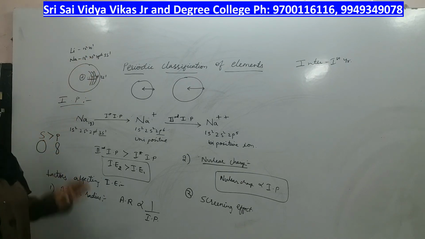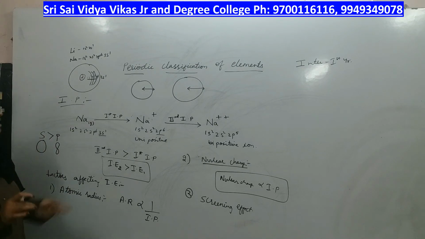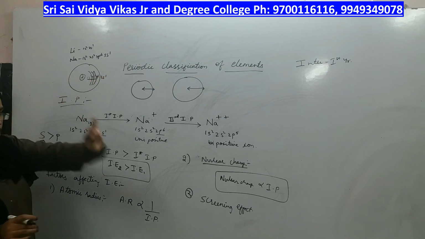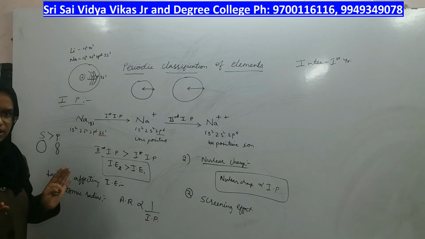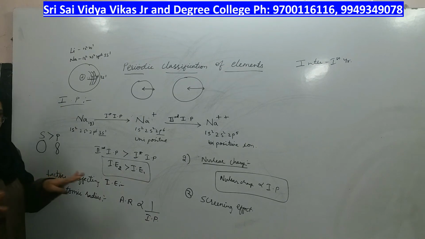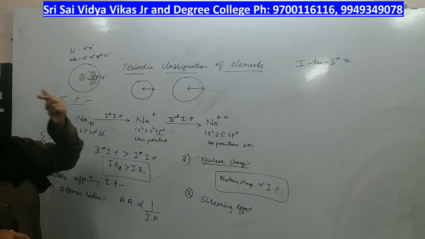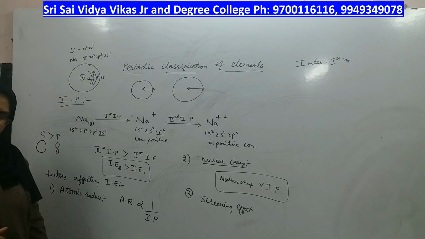Whenever we are talking about shielding effect, we are not discussing the valence electron. All the electrons except the valence electrons come under screening effect. So you are measuring the power of screening effect in the leftover electrons. Who has more screening effect?